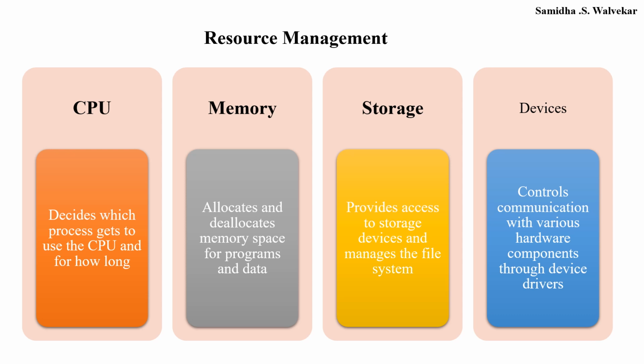In terms of memory, operating system allocates the portion of available memory to each running application. In terms of storage, operating system manages the file system, organizes data and provides access whenever it is required. And also it manages the peripheral devices, makes the communication easier between the hardware and software application.